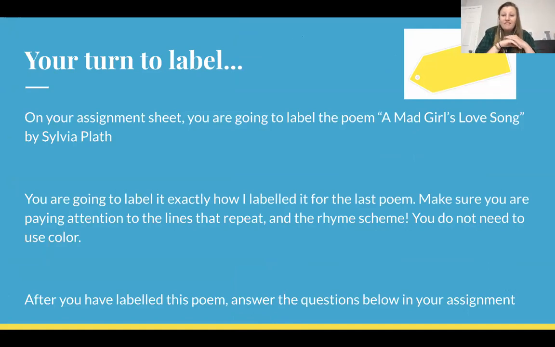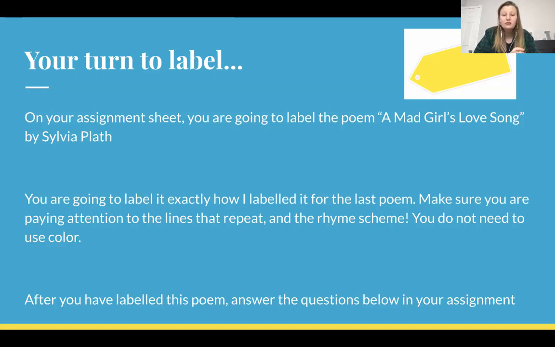Sylvia Plath is a very famous poet, and she unfortunately died by suicide, but before her passing, she wrote a lot of poetry, especially from the perspective of a woman. You're going to label it exactly how I labeled it for the last poem. I'm going to show you how to do that, so don't freak out if you don't know how to do it. Make sure you're paying attention to the lines that repeat and the rhyme scheme.